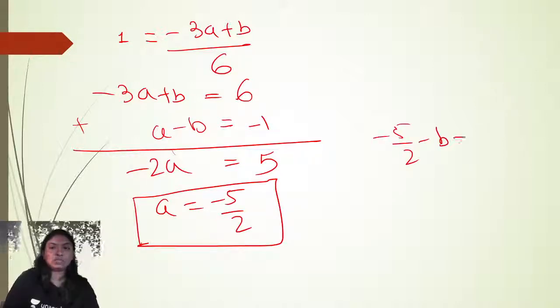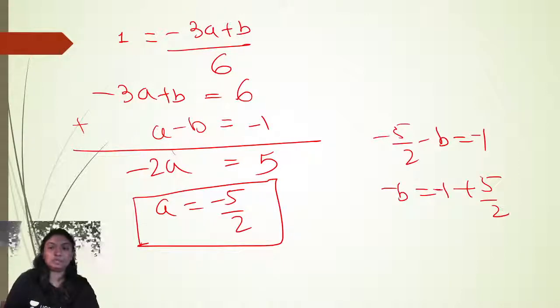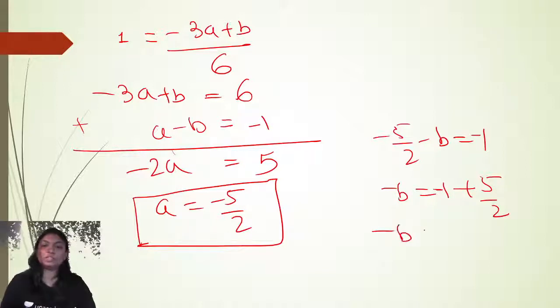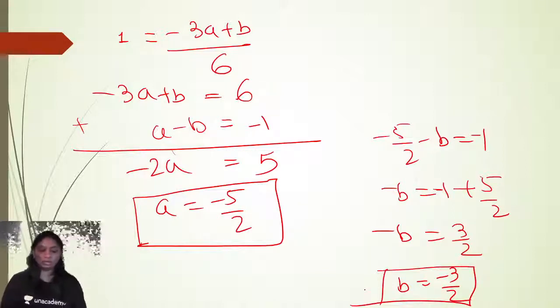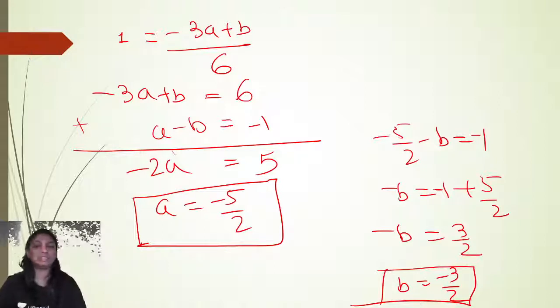Minus 5 by 2 minus b is equal to minus 1. So minus b is equal to 1 plus 5 by 2. So here minus b is equal to minus 2 plus 5, which is 3 by 2. So b is equal to minus 3 by 2. So the values of a and b are minus 5 by 2 and minus 3 by 2.